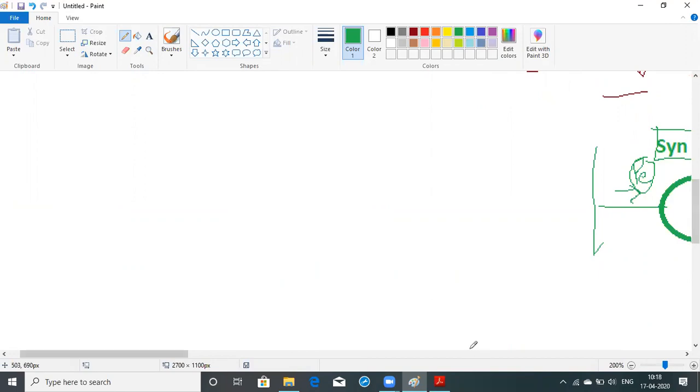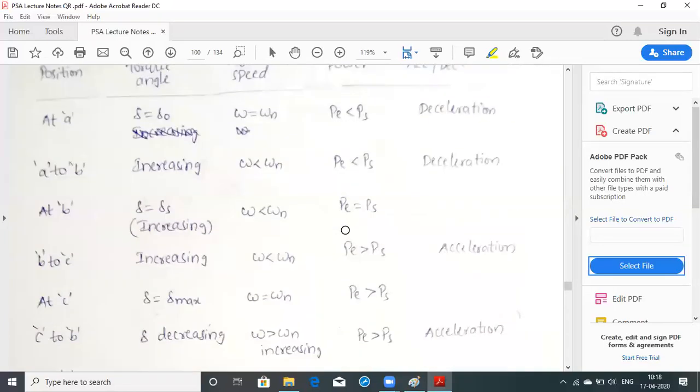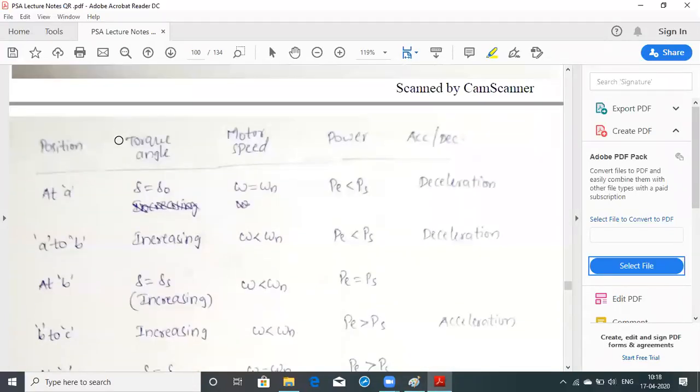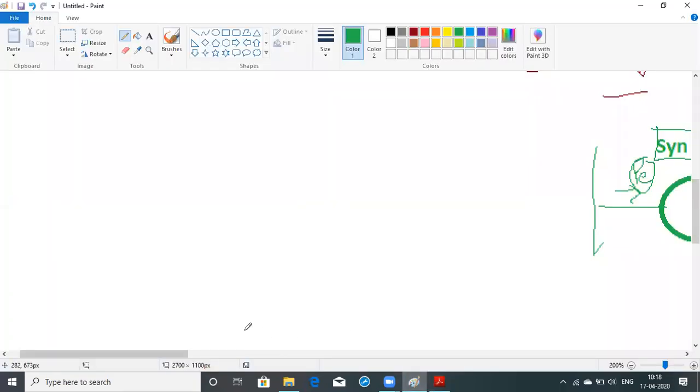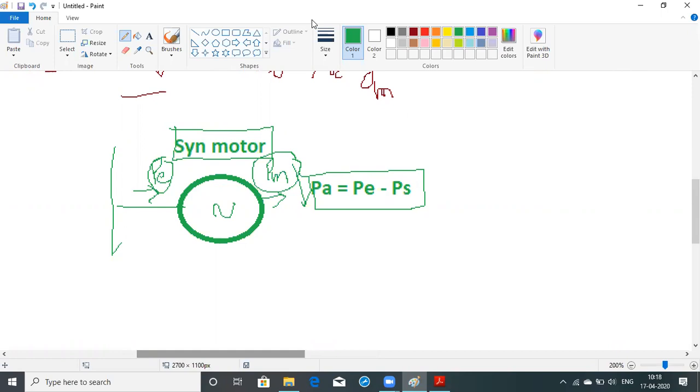If you wish to discuss this motor, we'll discuss this motor also. The conditions, that is the positions, the torque angles, the speeds, the power, acceleration or deceleration, everything we have discussed here in every condition in this diagram.